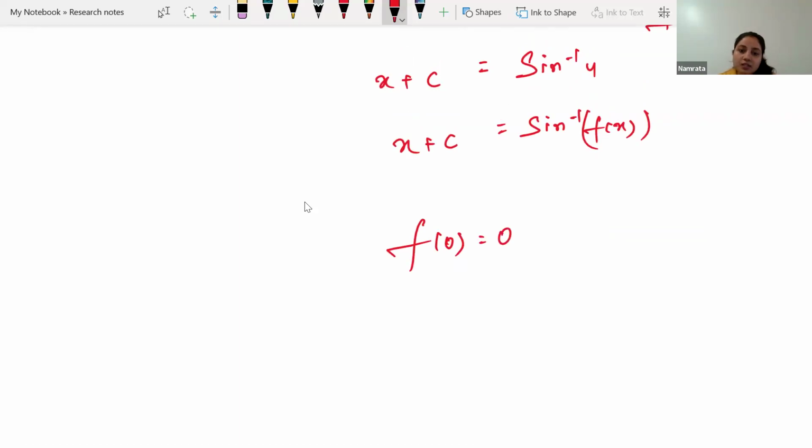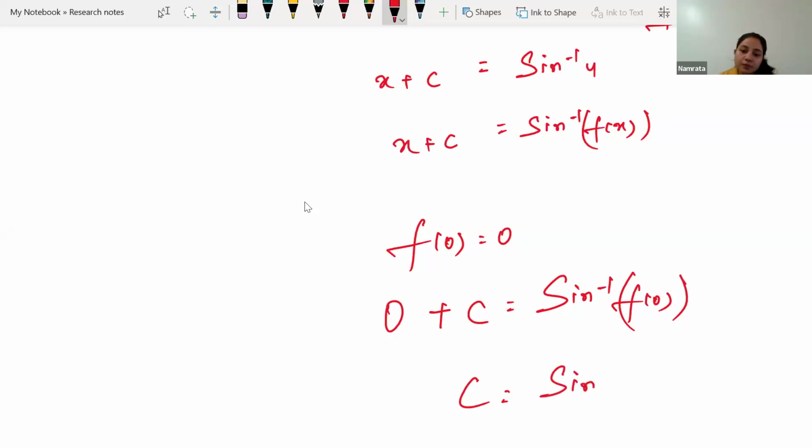That means when x is 0, then y is 0. F of 0 is 0. So here sine inverse f of 0 we will substitute, which is 0 eventually. When x is 0, c is equals to sine inverse 0. Sine inverse 0 is what? 0 only, right?